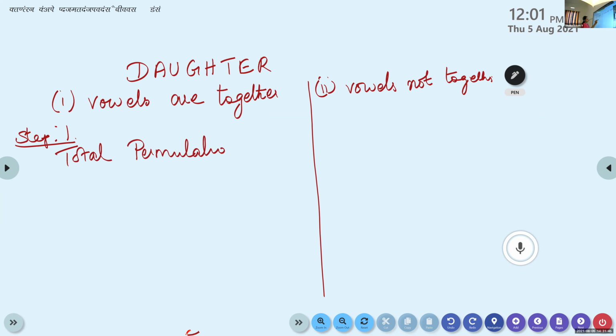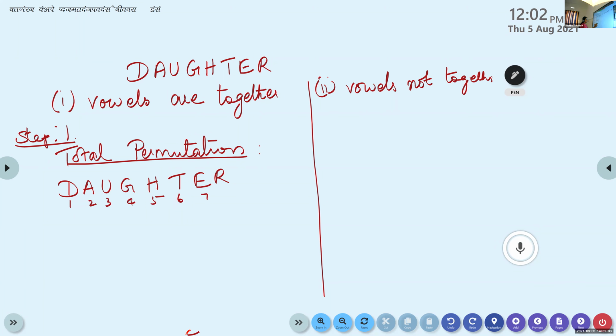So look at the word daughter, D-A-U-G-H-T-E-R, and tell me how many alphabets are there? 1, 2, 3, 4, 5, 6, 7, 8. It is an 8-letter word. Is any alphabet repeated?